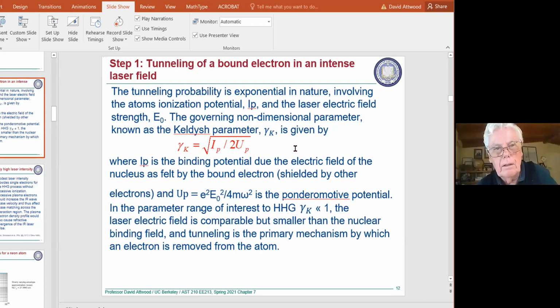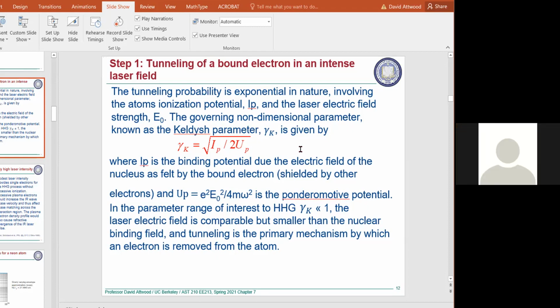But wouldn't that be the opposite? If it takes a lot of energy for the electron to be released from the atom, wouldn't that make the tunneling probability lower instead of higher?